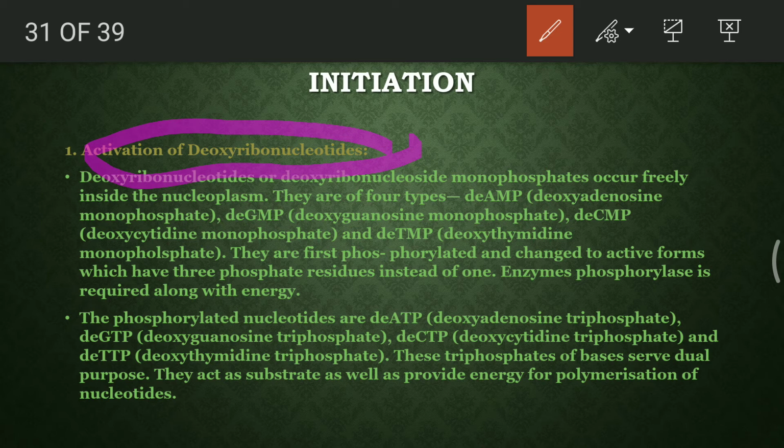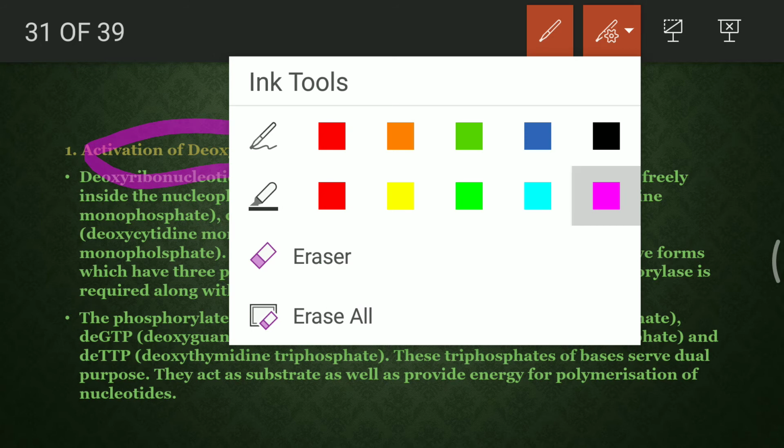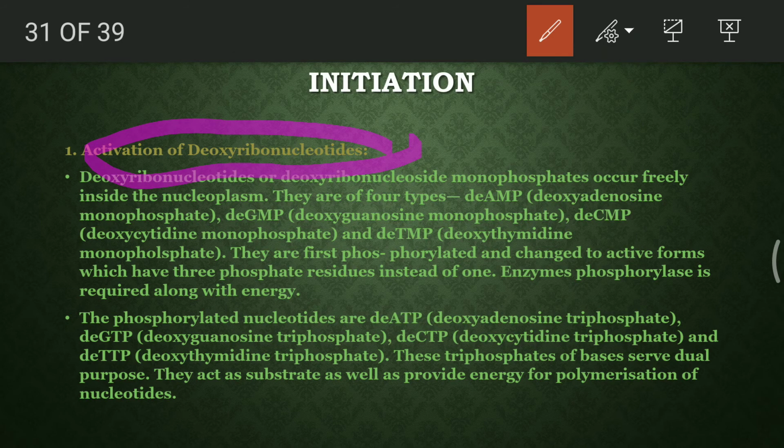Basically, what happens during this process is that all the monophosphates, like deoxyguanosine monophosphate, get converted into deoxyguanosine triphosphate. In a similar way, adenosine monophosphate and cytosine monophosphate will also get converted into triphosphate.